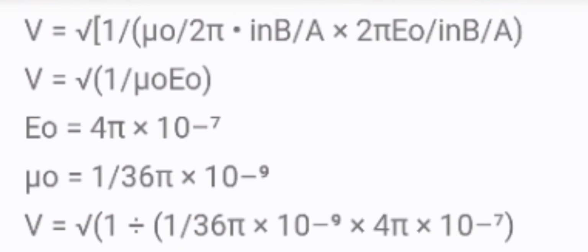If you solve that, you'll be left with mu naught epsilon naught. Mu naught is our permeability of free space, and epsilon naught is our permittivity. Mu naught is 4 pi times 10 raised to minus 7, and epsilon naught is 1 over 36 pi times 10 raised to minus 9.